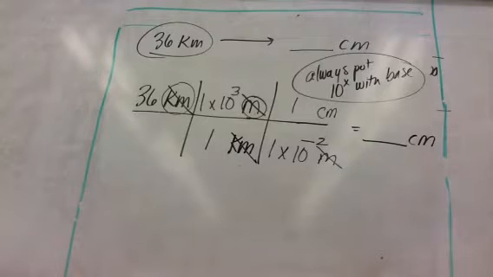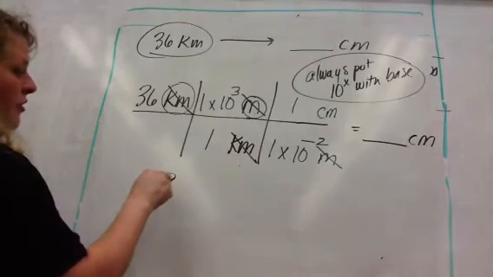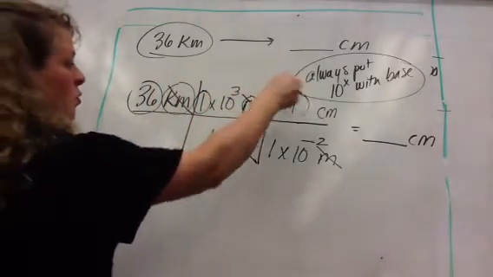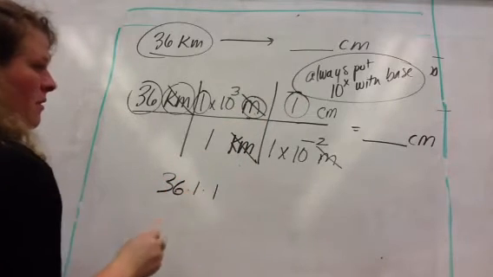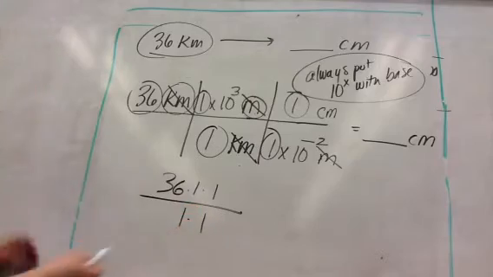So now, using what you learned in doing operations with scientific notation, this is what? 36 times 1 times 1 over 1 times 1. Well, okay, we know it's 36.